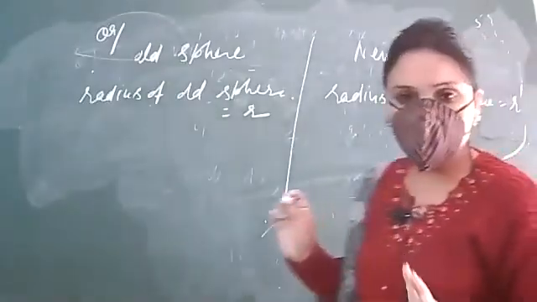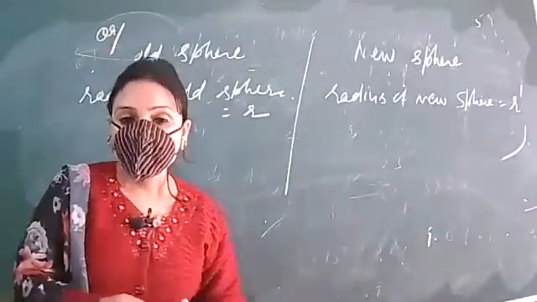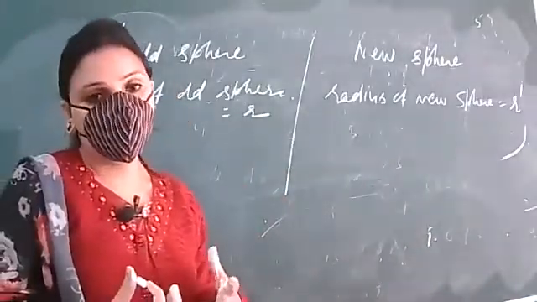This is the radius of the new sphere and this is r dash. It is given to us. हमें इस r dash की वैल्यू निकालनी है. So what concept we will use?